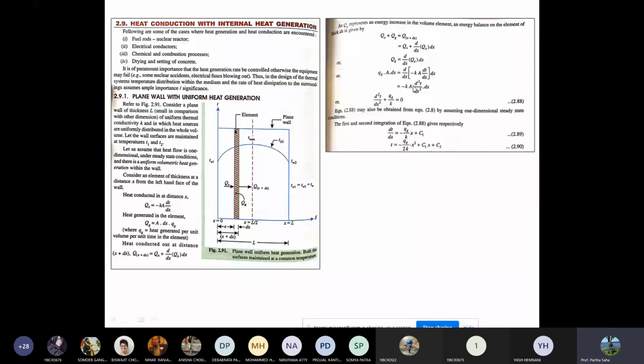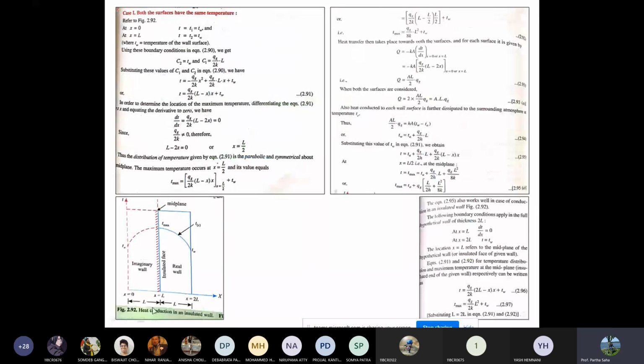Now how to solve it? Refer to figure 2.92. We consider that at x equal to 0, T is T1, or Tw, and at x equal to L, T is T2, or Tw. Tw is the temperature of the wall surface.